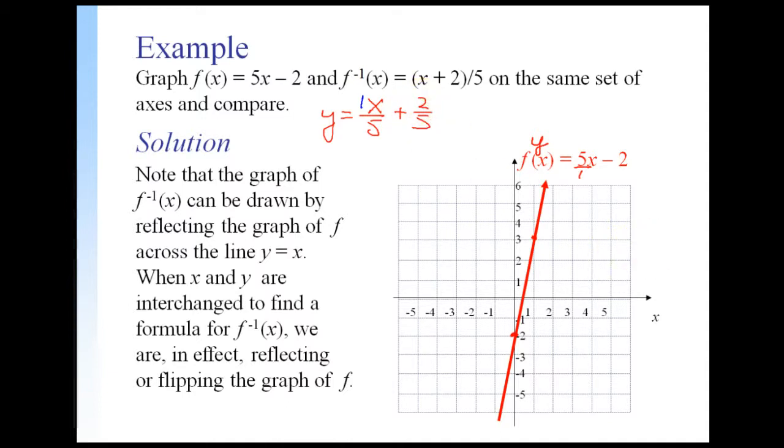So let's see if I can plot that here. 2/5 is about there, and the slope is 1 over 5. So I'm going to go out 5 here, and I'm going to go up 1. So there's my other line.